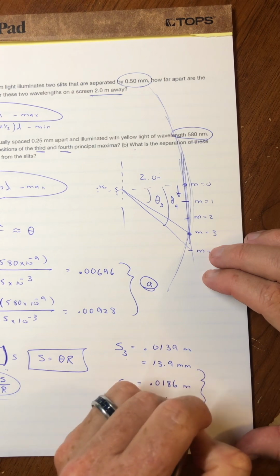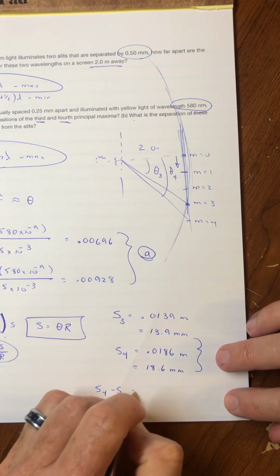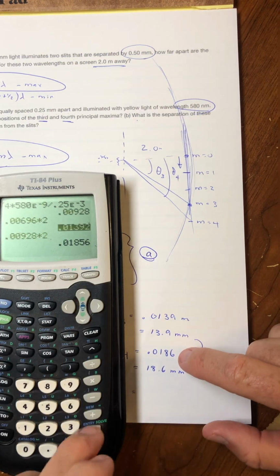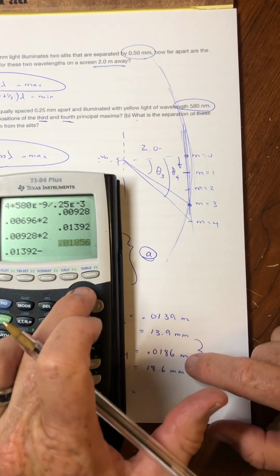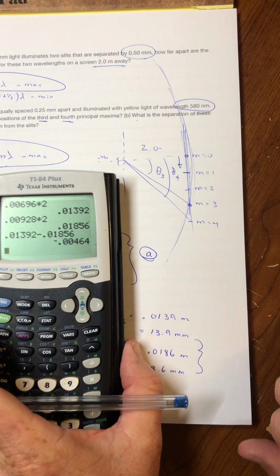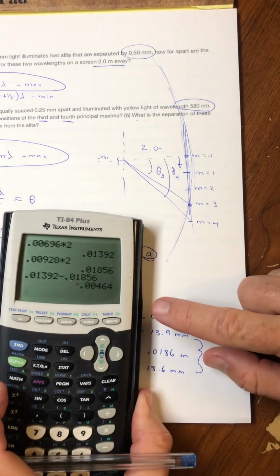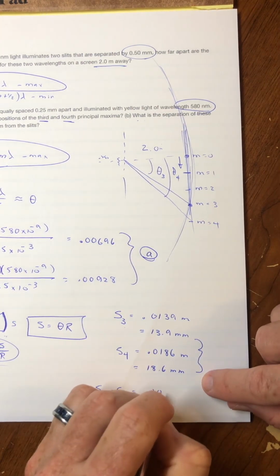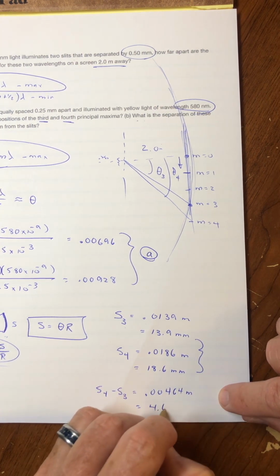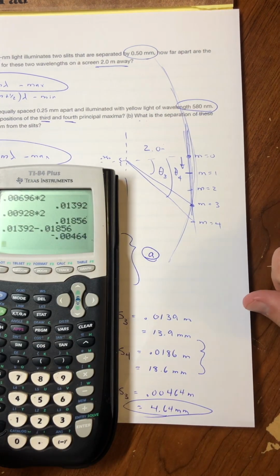And so subtracting the two, you would have the position of the fourth compared to the position of the third. So you would have this 13.9, this 18.6, and subtract them. I should have done the big one first, but ignoring the negative here, this is 0.00464 meters, or 4.64 millimeters. And so there's the separation there.